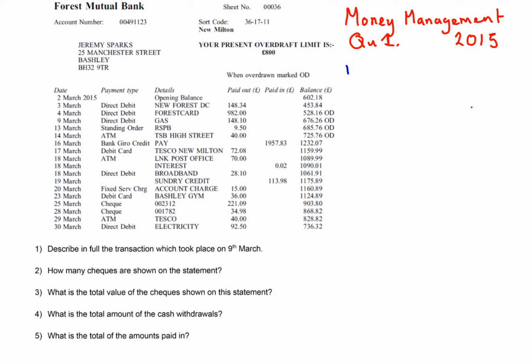So number 1. If we look at this transaction, it tells us that it is a direct debit for gas. So it's a gas direct debit where £148.10 has been taken out of your account. So you have to mention that.